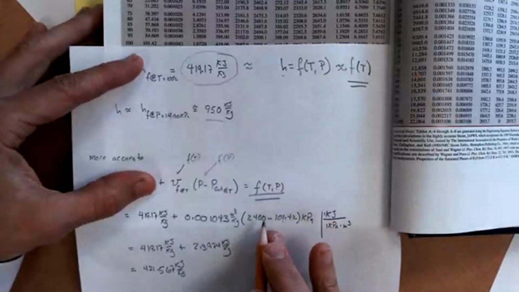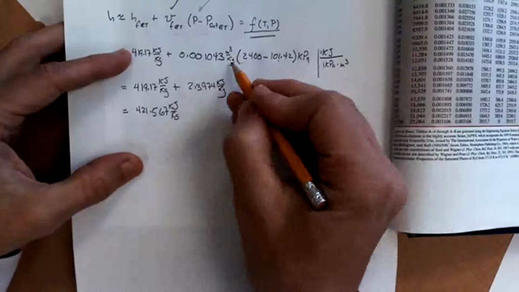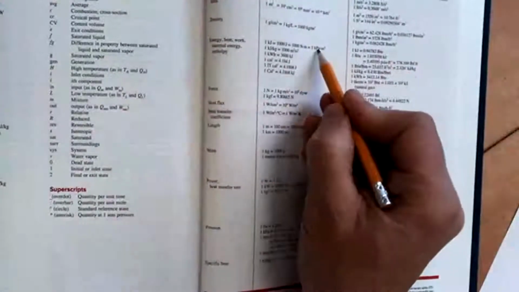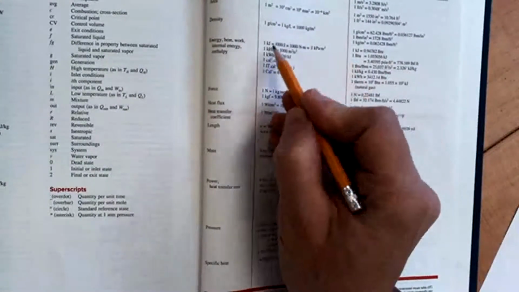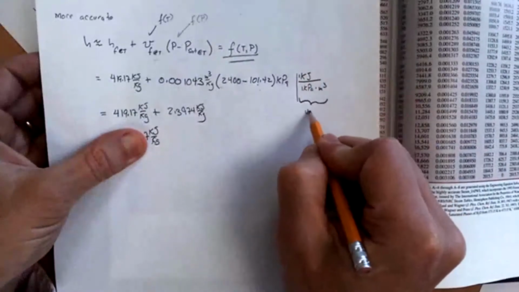And I use the pressure that was given, 2,400. Then I check the units, meters cubed, kilograms times kilopascals. If I go to the back, I see here that a kilopascal meter cubed is the same thing as a kilojoule. So it makes me feel good. I throw in this unit conversion here.